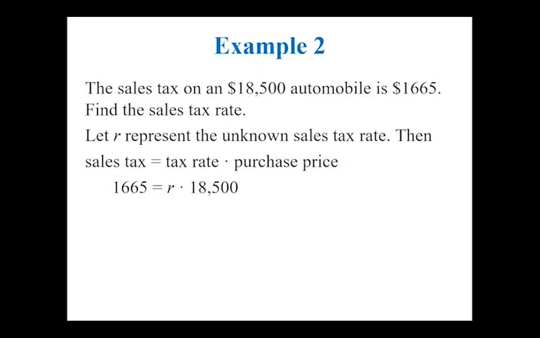We want to solve the equation 1665 equals R times 18,500 for R. But take a look at this form. Did we need to remember sales tax equals tax rate times purchase price? That was an easy way to do it.